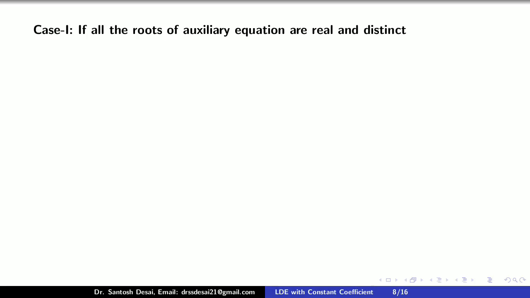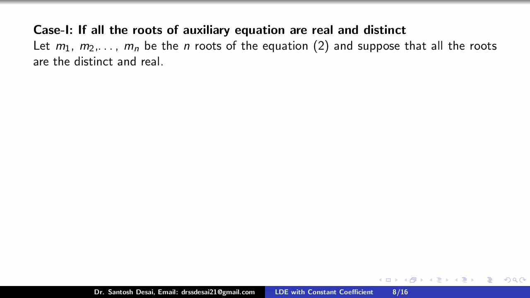Now case 1: if all the roots of the auxiliary equation are real and distinct. If this is the case, then let us see how to write the complementary function. So let m1, m2 and so on mn be the n roots of the equation, and suppose that all the roots are real and distinct.